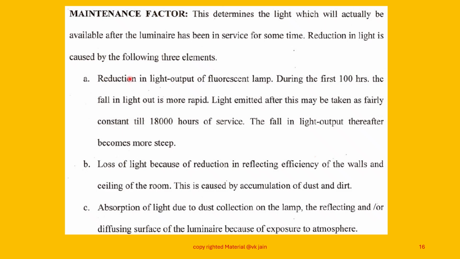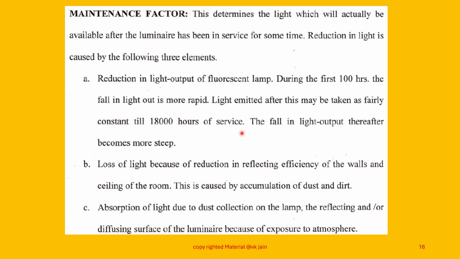Reduction in light output of fluorescent tube. During the first 100 hours, the fall in light output is more rapid. Light emitted after this may be taken fairly constant till 18,000 hours of service. The fall in light output thereafter becomes more steep.